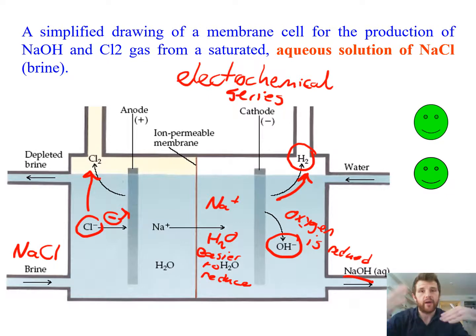Based on where they are in the electrochemical series, you're going to just see which one of these is easier to reduce, is a good way to think about it. You can kind of reverse the activity series when you're looking at this. What ends up happening here is because water is easier to reduce, in this situation you're going to notice that the H2O splits into the hydrogen gas and the OH minus.